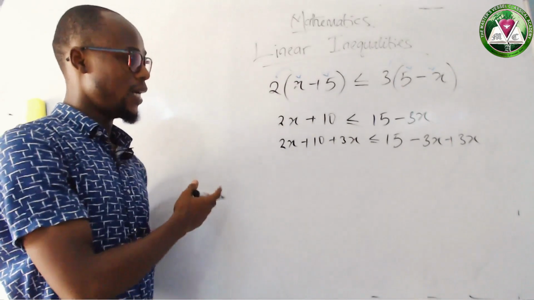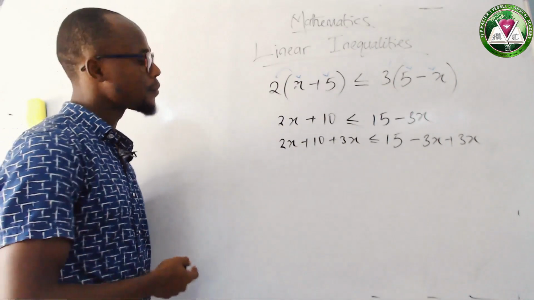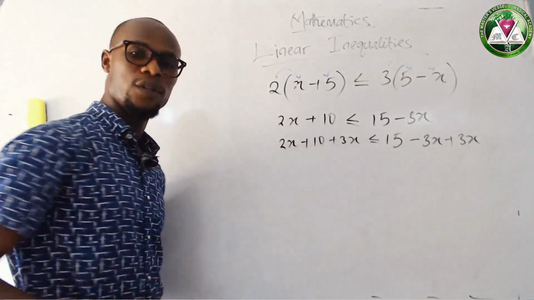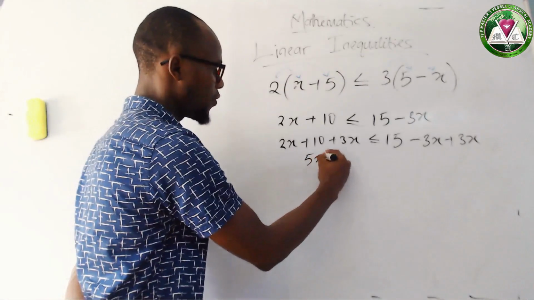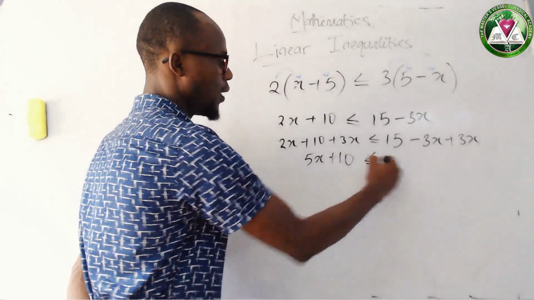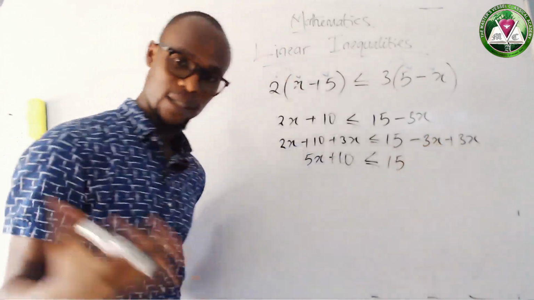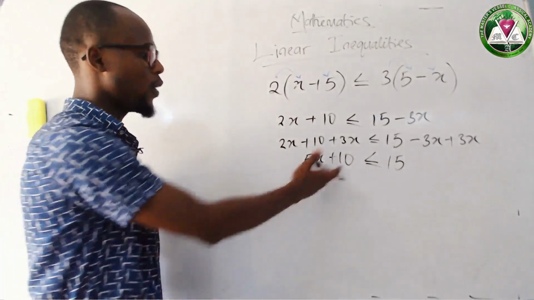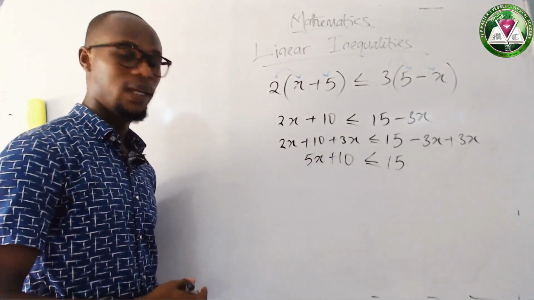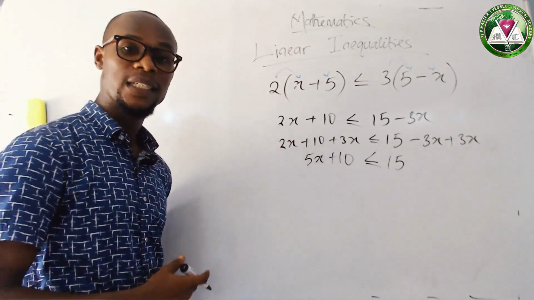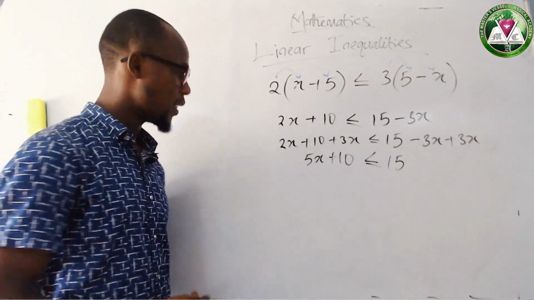For the left hand side, we can see that we have like terms here. So we can add 2x plus 3x, that gives 5x plus 10 less than or equal to 15, because minus 3x plus 3x gives 0. And now we have plus 10 on the left hand side, which we can eliminate by subtracting 10 from both sides.